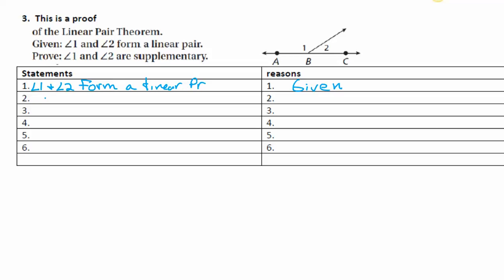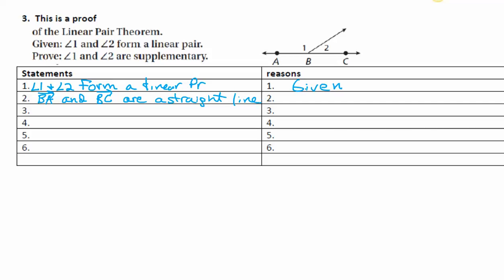So let's see, how could I write that? I could write that if they're a linear pair, then ray BA and ray BC are a straight line.